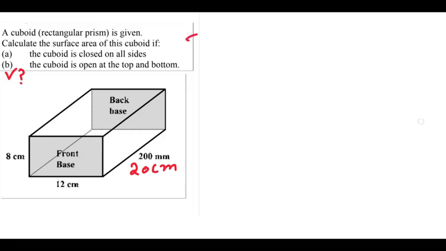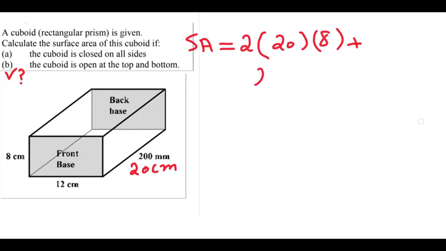So now we're going to say surface area is equal to 2 multiply 20 times 8, the left hand side and the right hand side, plus front and back, 2 multiply 8 multiply 12, because top and bottom is missing. 20 times 12 we're not going to use, because the bottom 20 times 12, and the top, is also 20 times 12, is missing, because top and bottom are open.